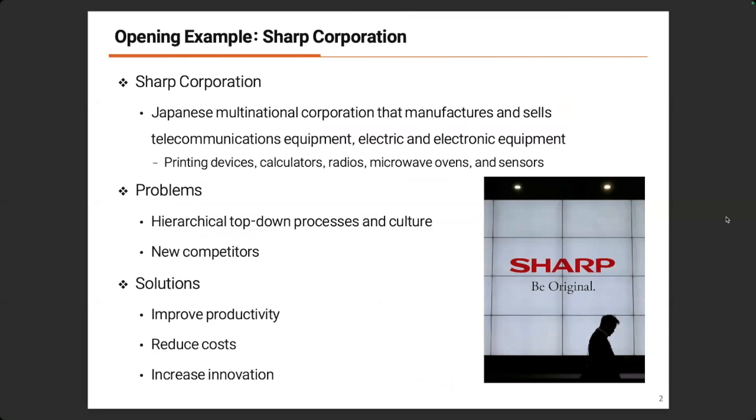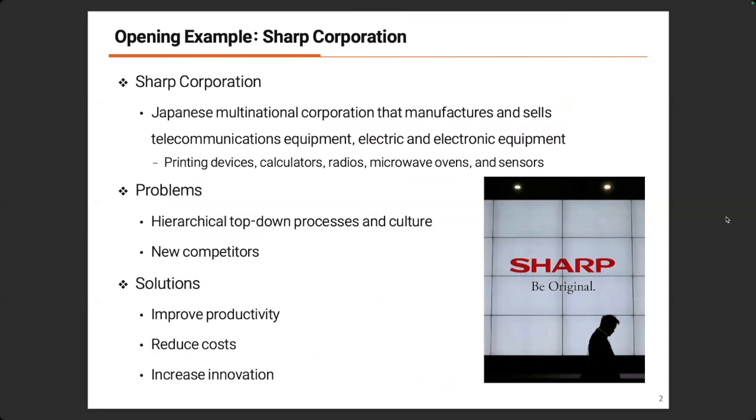And there were some new Asian competitors, maybe between 2000 and 2010. There were so many competitors of Sharp Corporation, such as Samsung, LG, Sony, or Toshiba.